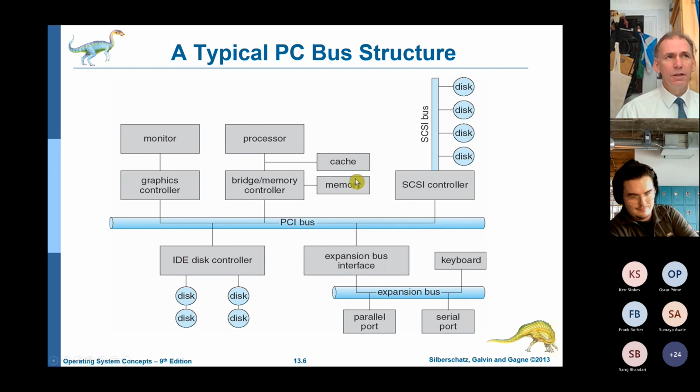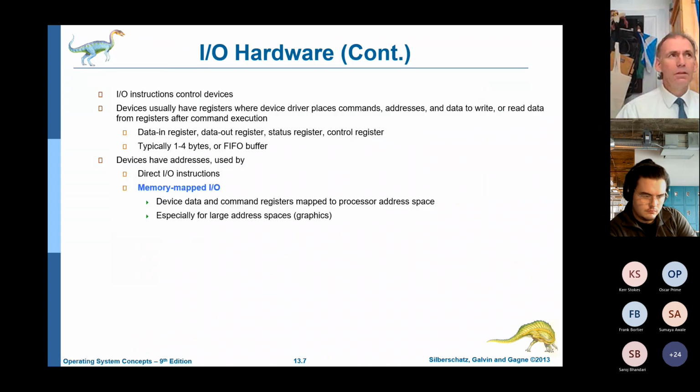Okay, so we've got all these devices, all connected, all moderately stupid in that the controllers will take information and will do with it what they've been told. But it's still all controlled by the processor. And the processor will send out instructions to the I/O devices.